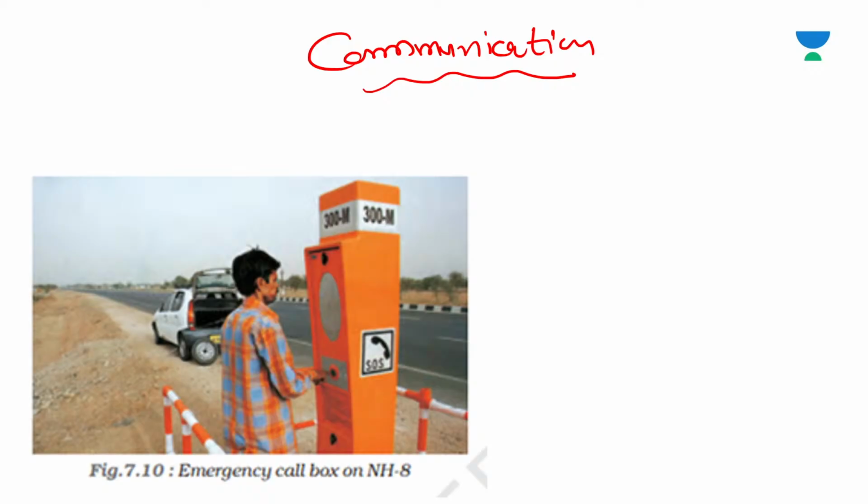The second class mail includes book packets, registered newspapers, and periodicals. Now, they are carried by surface mail covering land and water transport to facilitate quick delivery of mails in large towns and cities.